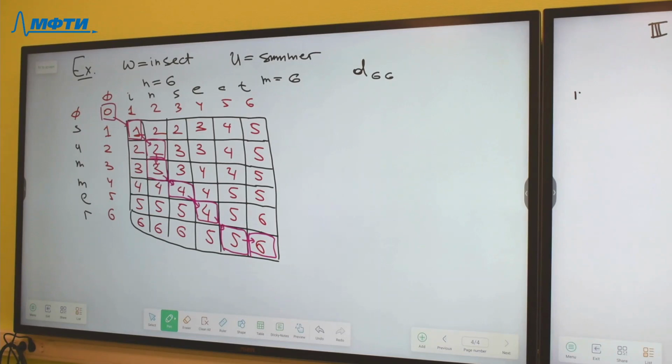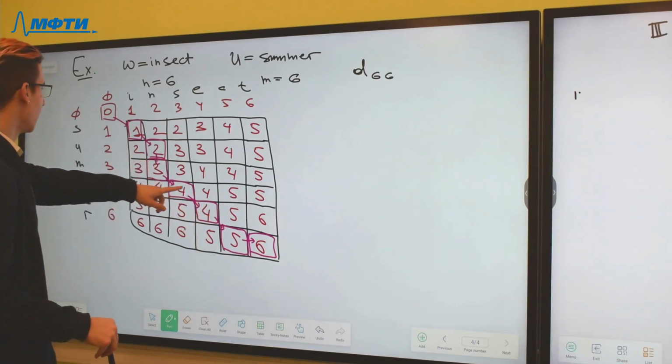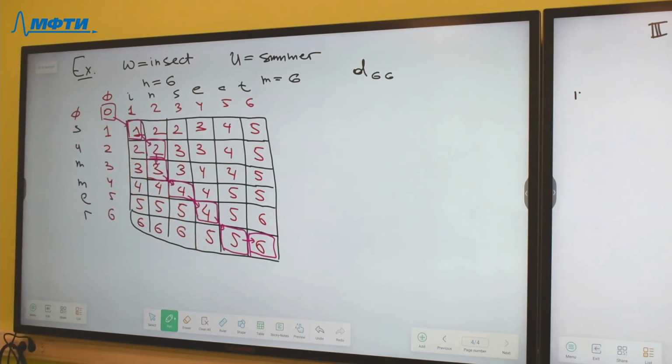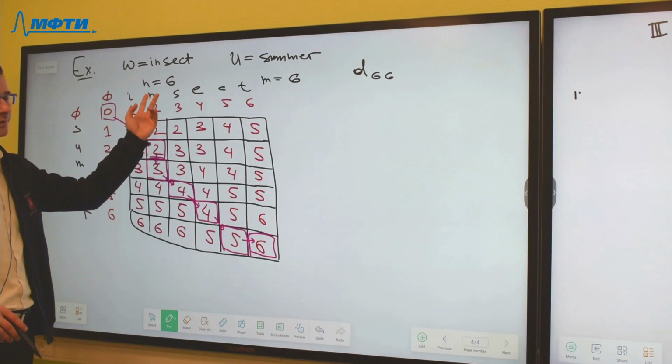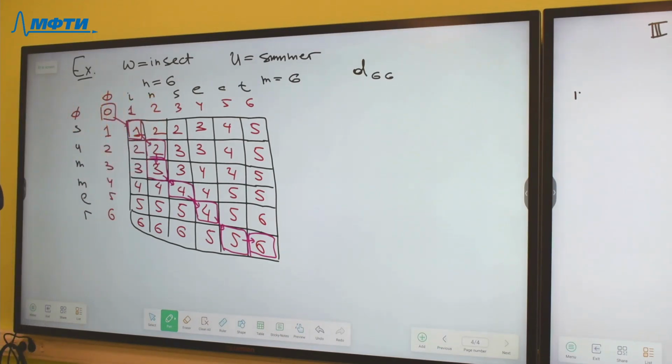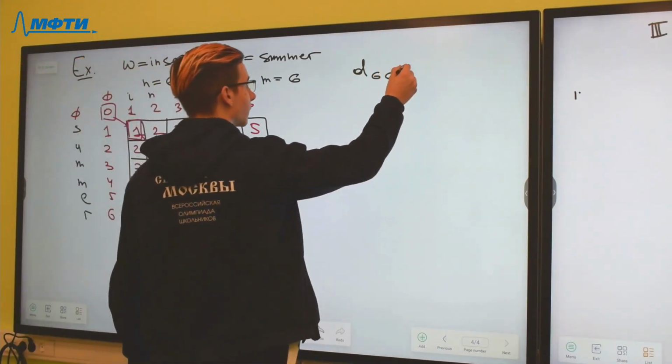So if I find this way, I can write these words with the empty characters to understand how we find distance between them equal to 6, I think.